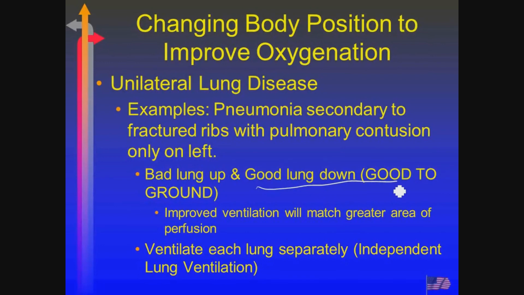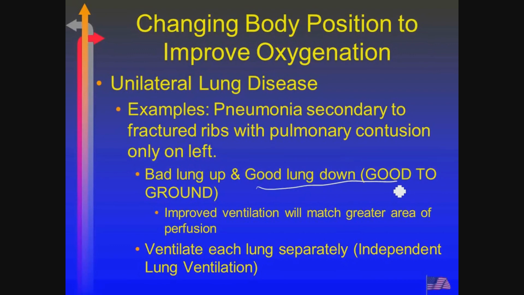So what he was on was a bed that would rotate one way, come back to middle, rotate the other way. So it was doing a lateral roll. And it would do this over a minute's period of time. So very gradually you would see this change happening. He had a unilateral pneumonia, pretty bad on one side. I think it was the left, actually.